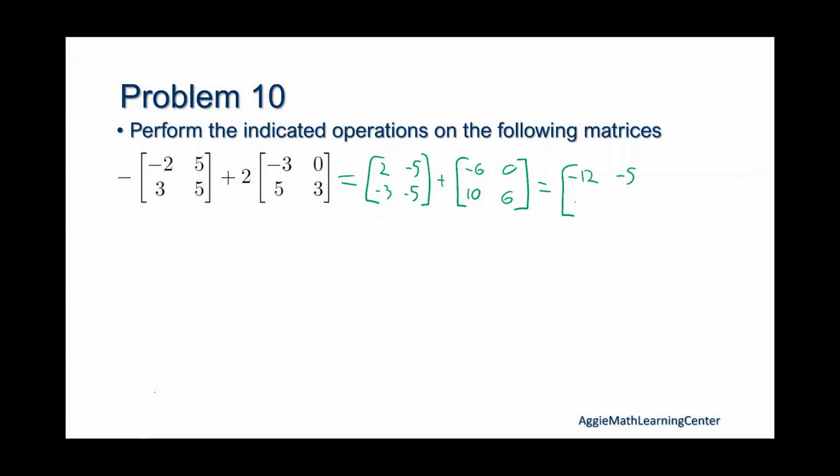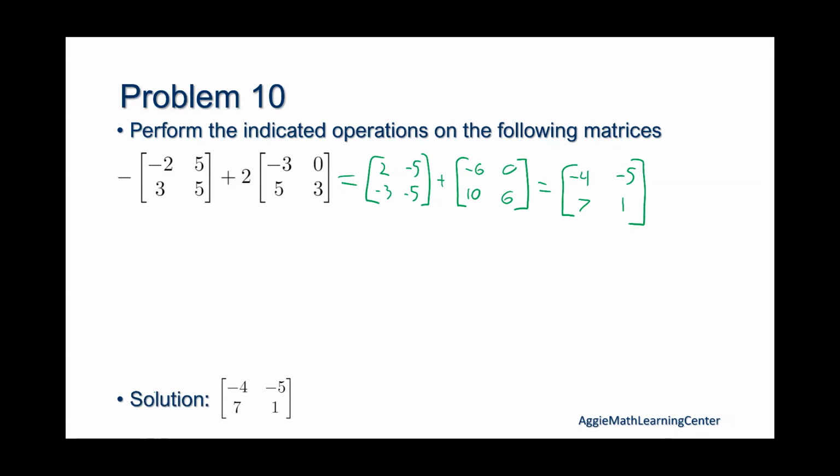But it's just the same entries. So that would be, nope, I multiplied. -4, that's addition. -3 plus 10 is 7, -5 plus 6 is 1, and that's the answer, hopefully. Beautiful. Yes.